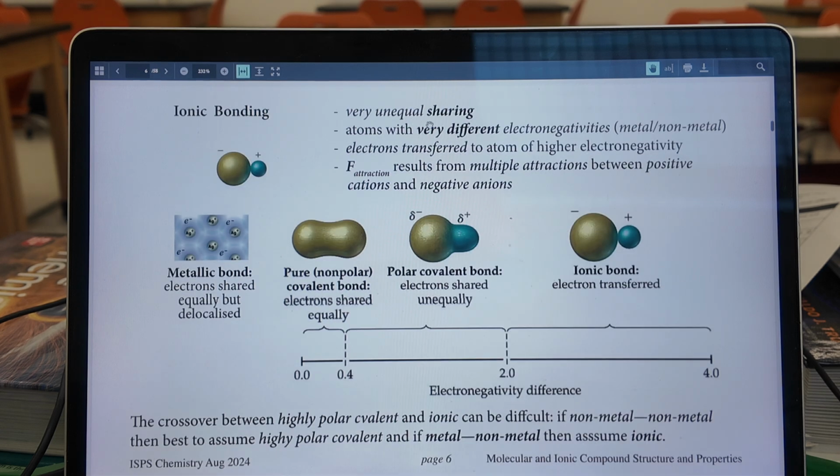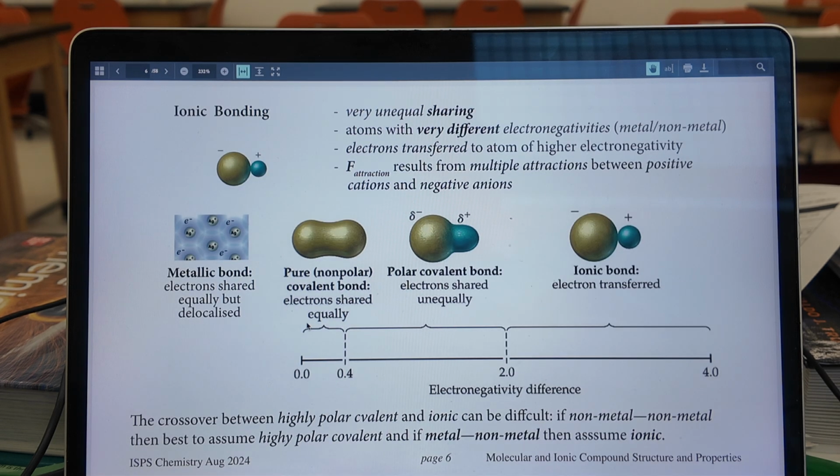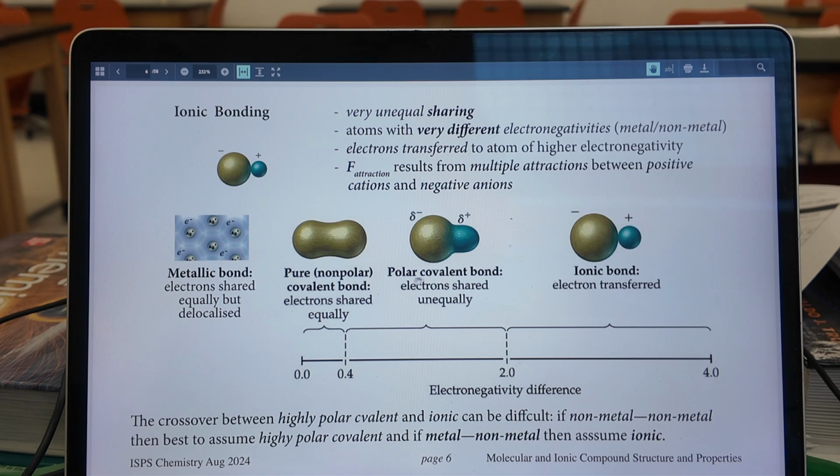And then the next most important thing is that, depending on the difference in electronegativity, it'll tell you if it's most likely a non-polar covalent bond. Polar means that they're opposites, positive and negative, but there's nothing here. A polar covalent bond has a somewhat negative charge and a somewhat positive charge.